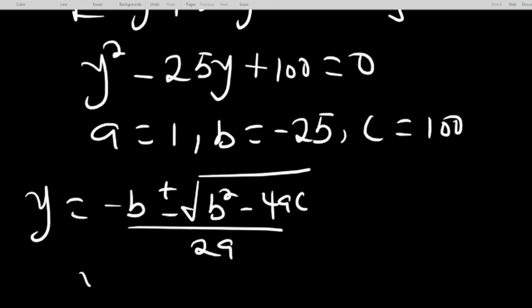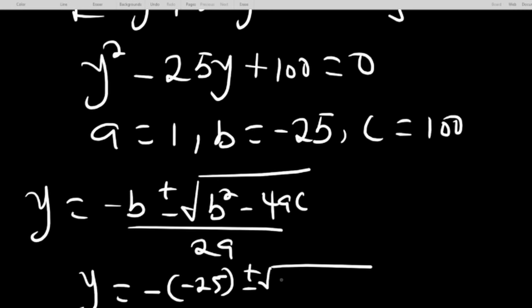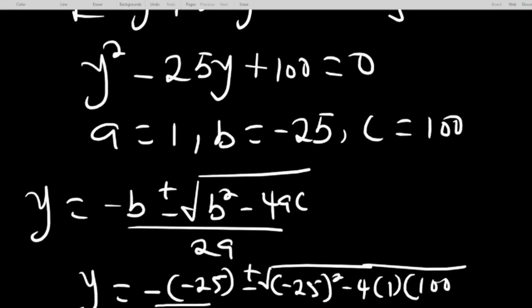Here we have that y equals, again we have our b is -25, so this becomes -25, then plus or minus the square root of b squared, so we have our b to be -25, all squared, again minus 4, our a is 1, our c is 100. And this is all over 2a. So our a is 1.